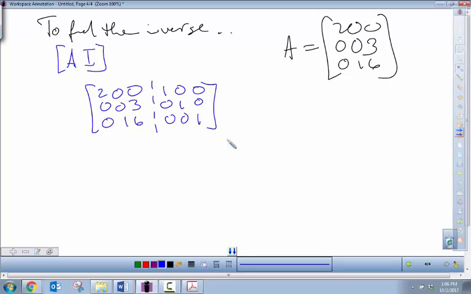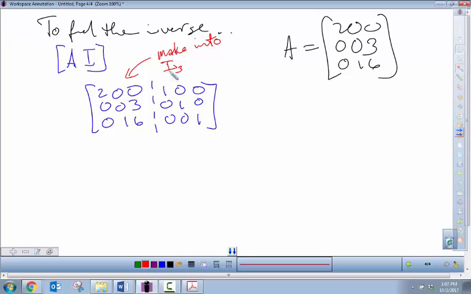We're going to go through our elementary row operations to get this into reduced row echelon form. That would essentially make this side into the identity matrix. We want to make that side into the identity matrix.